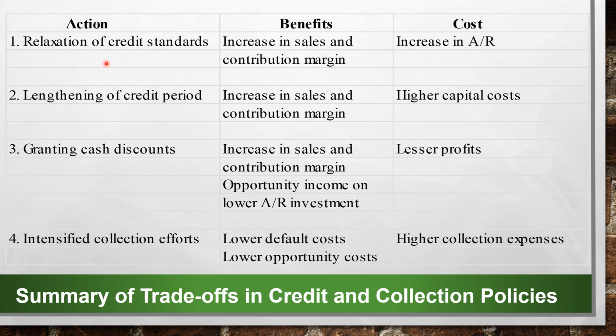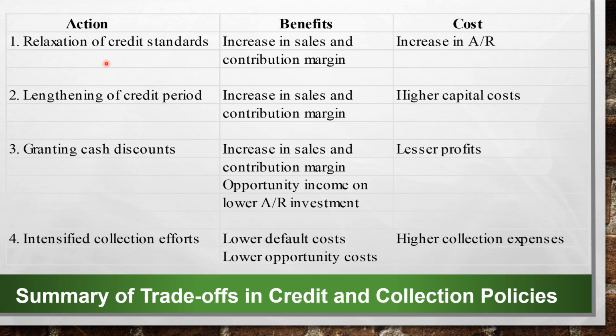So if we relax that, the benefit would be increased sales and contribution margin. So our cost would be increased accounts receivable because, of course, if pababain mo yung standards mo, like let's say, the capacity to pay, no? Dati-rate, your standard is only those people who have net worth of, let's say, 500,000 will be able to apply for credit.